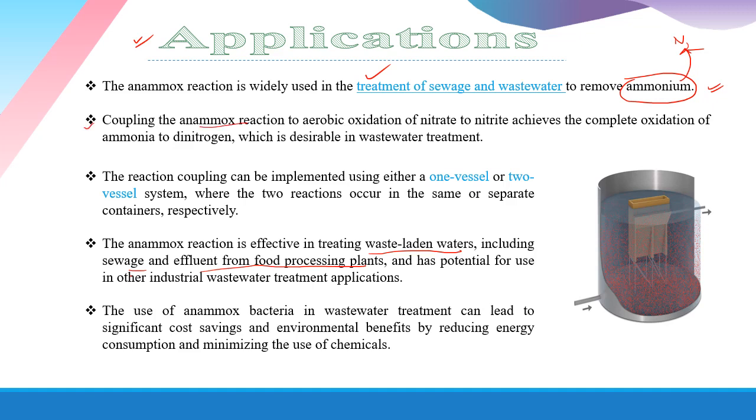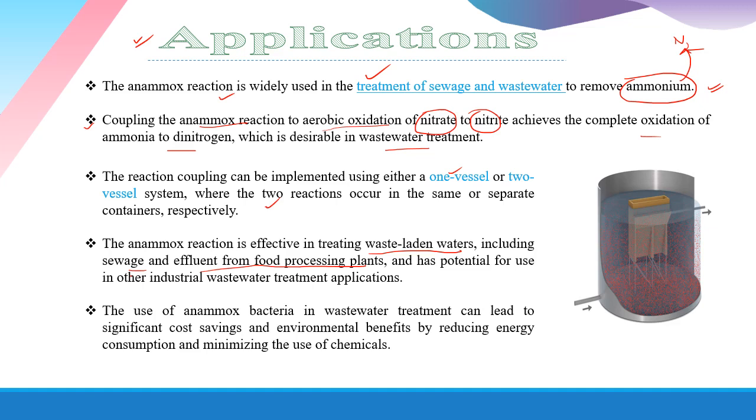This Anammox reaction can be coupled with the aerobic oxidation of ammonia to nitrite, which may achieve the complete oxidation of ammonia to dinitrogen, and this is desirable in wastewater treatment. This coupling reaction can be implemented using either a one-vessel system or a two-vessel system.